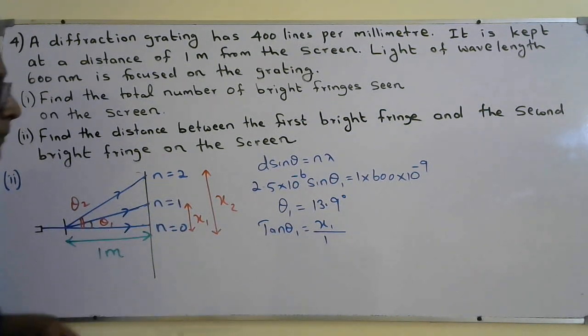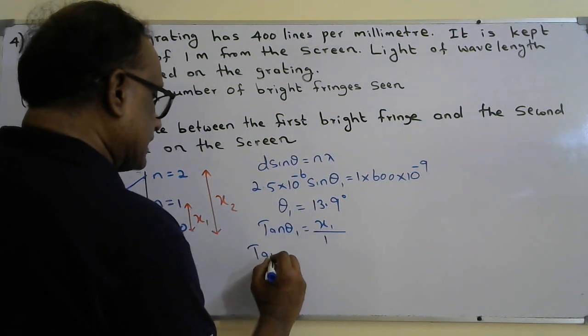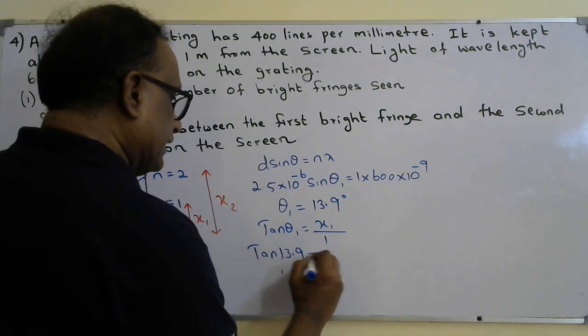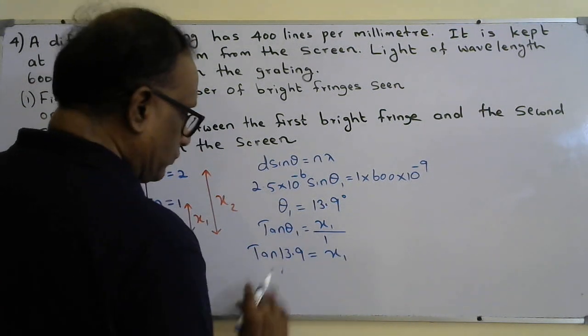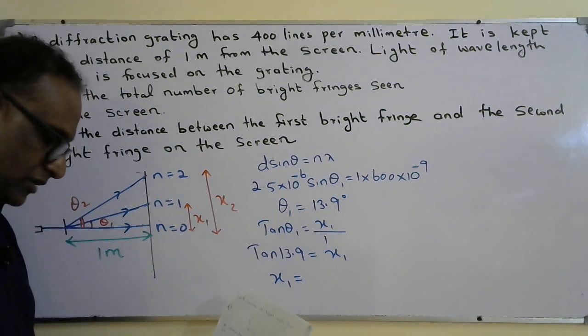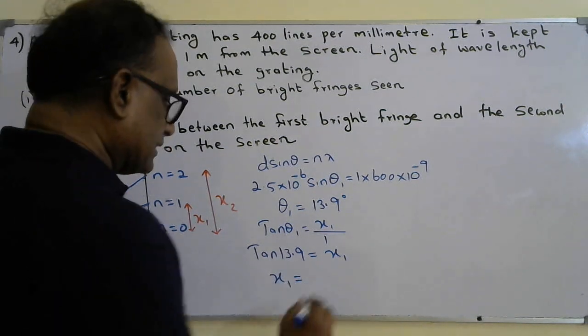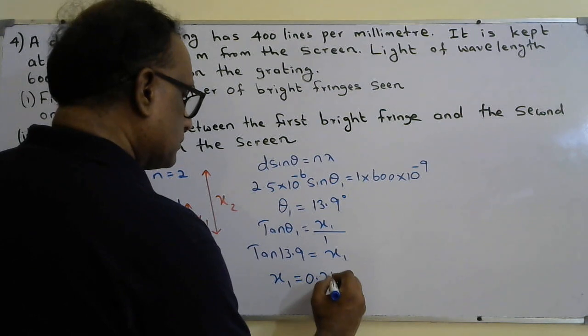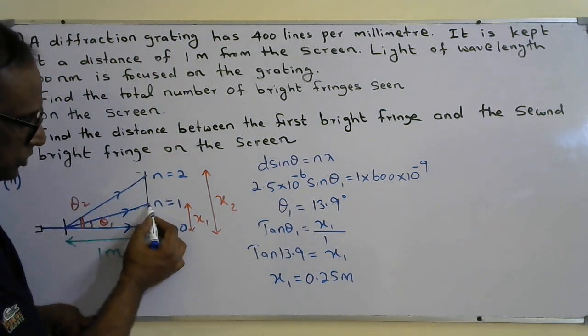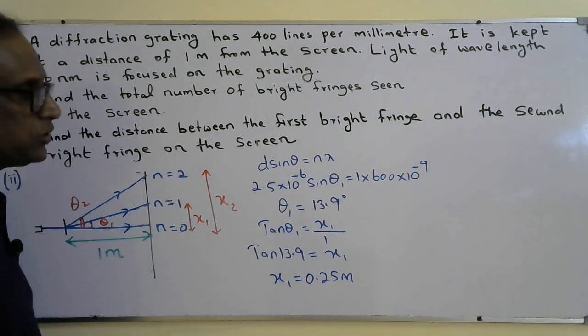So tan 13.9 degrees equals x1 divided by 1. Find x1, you'll get it in meters. So x1 will be 0.25 meters, the distance of the first order from the 0th order.